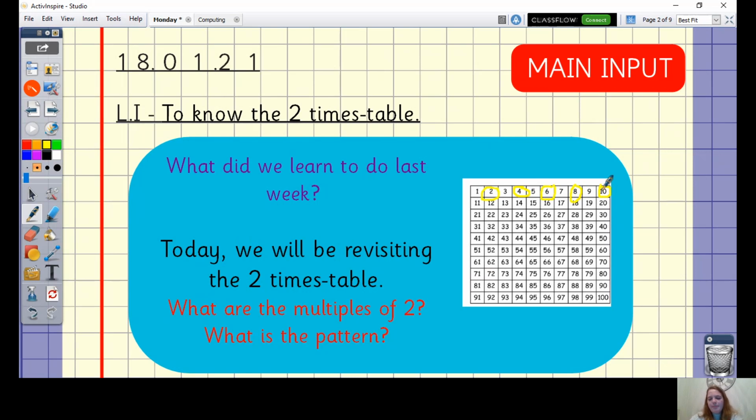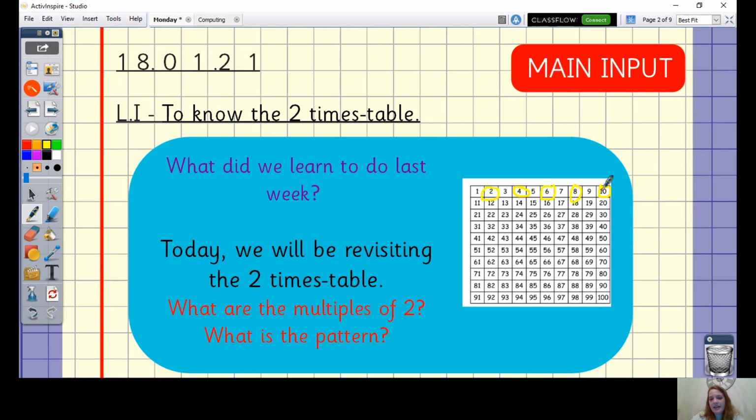Now if we were to look at the pattern then, I wonder what you found was the pattern. One thing you might have noticed is that all of the multiples of 2 are even numbers. 2, 4, 6, 8, and 10 are all even numbers, which means they can be shared equally into 2 groups. So that would be one pattern.